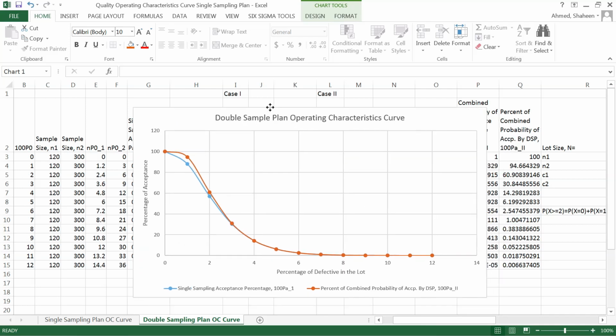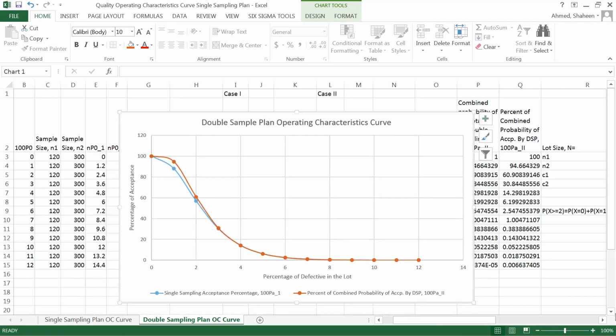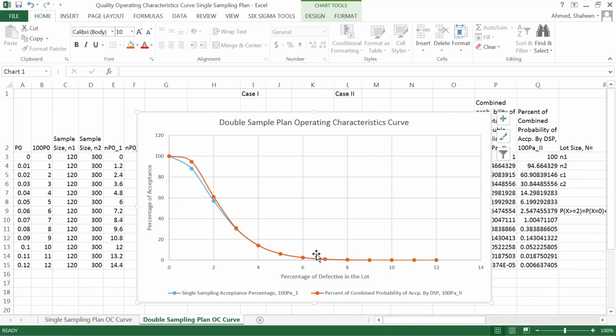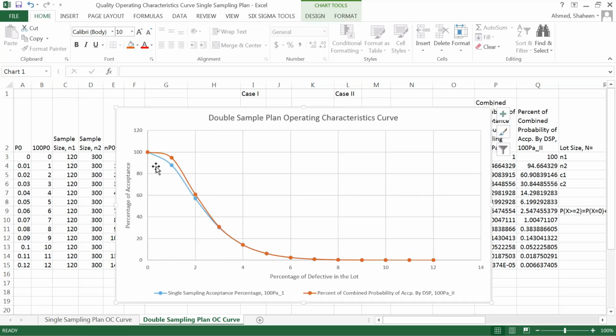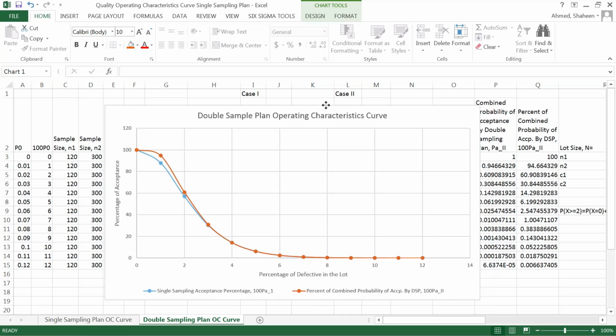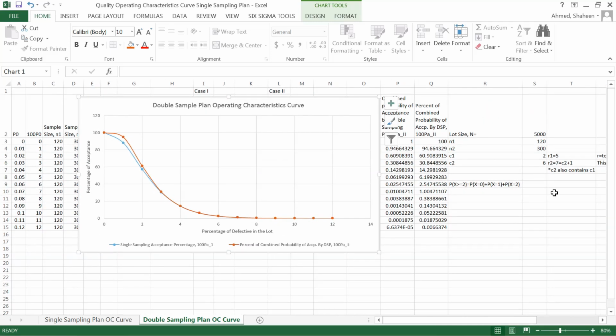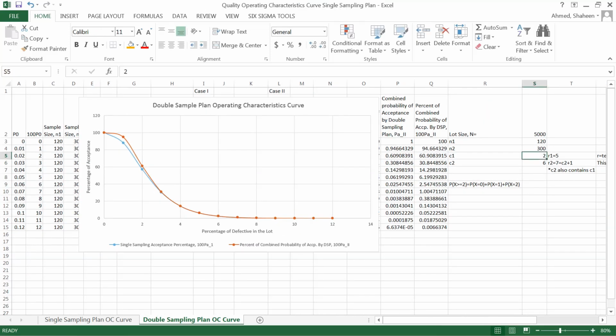The question is, do you have enough resource to do another inspection of 300 samples in the second double sampling plan? That depends on how much resource you have compared to how much it costs you if you throw away a few lots. So that's it about the double sampling plan operating characteristics curve. Once again, this is called an operating characteristics curve because if you change these values, everything else is going to change and look different.